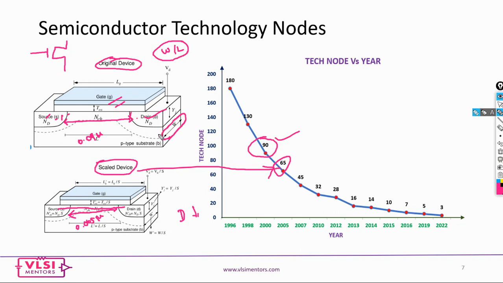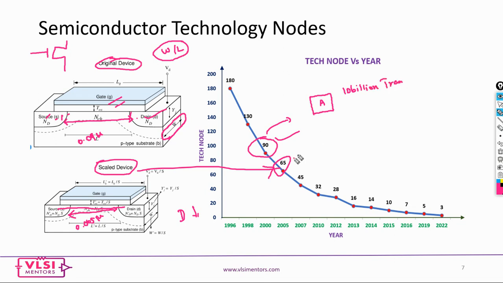So what this means is, say you design a chip in 90 nanometer, targeting 90 nanometer technology. This is the size. Say this is chip A, with 10 billion transistors in this.